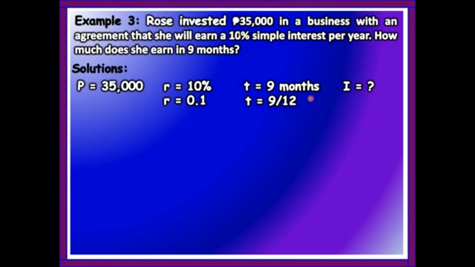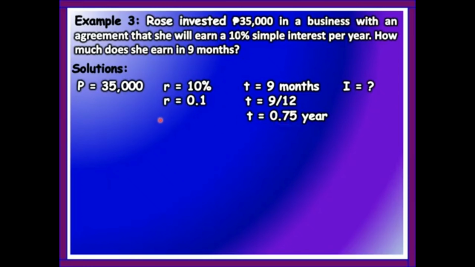Since it is already in months, let us divide it by 12 because there are 12 months in a year. So that is 0.75 years. Since 9 over 12 is 3/4 in fraction, so 3/4 expressed in decimal, that is 0.75.